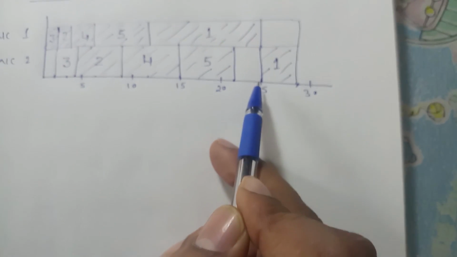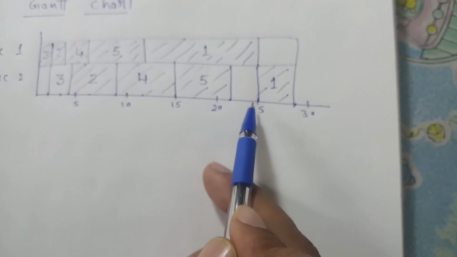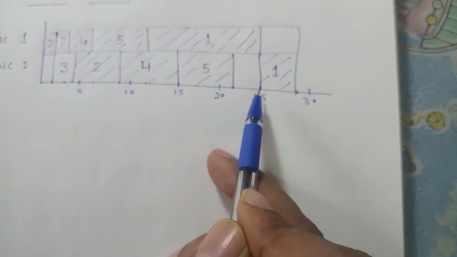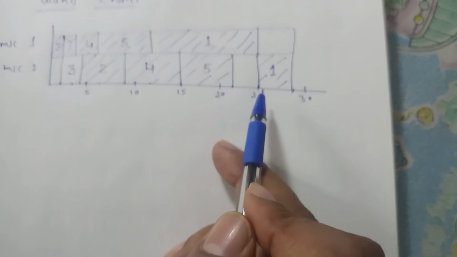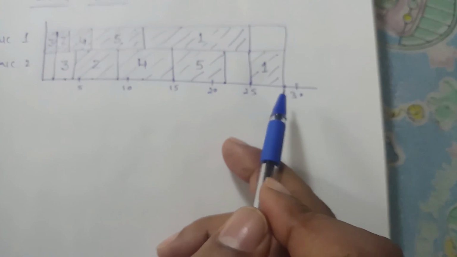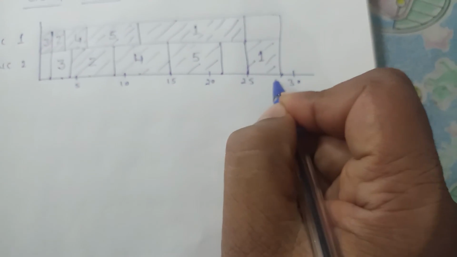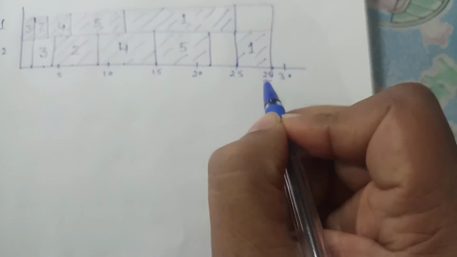After 25, job 1 takes 3 minutes, and it reaches 28. This point is your 28, and this is your makespan time.